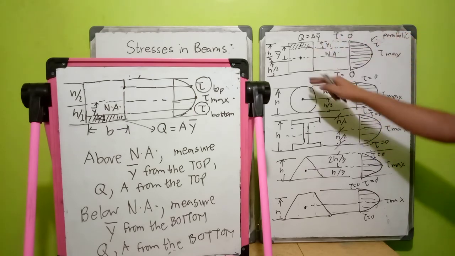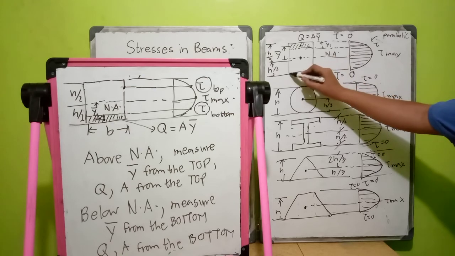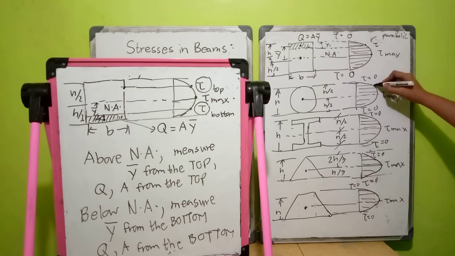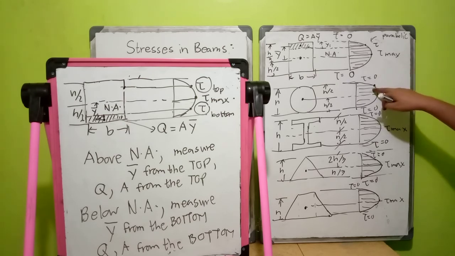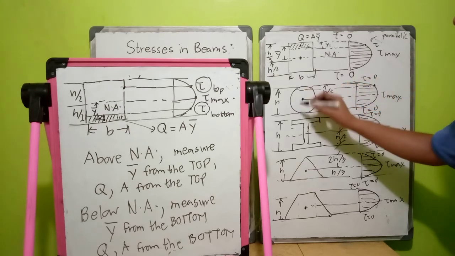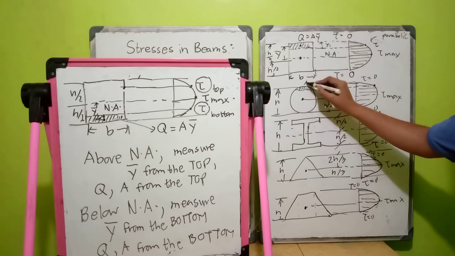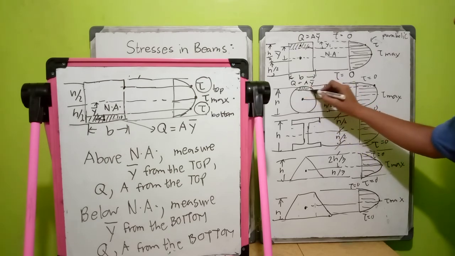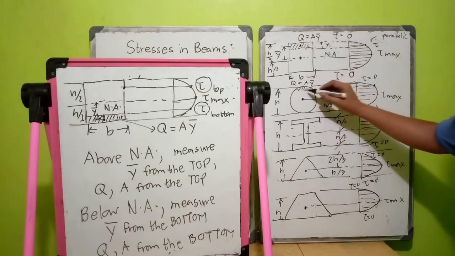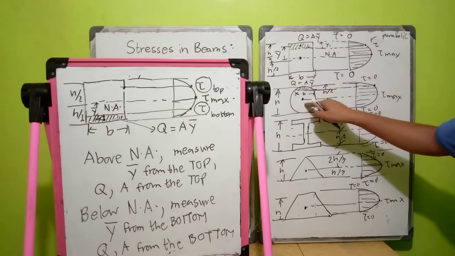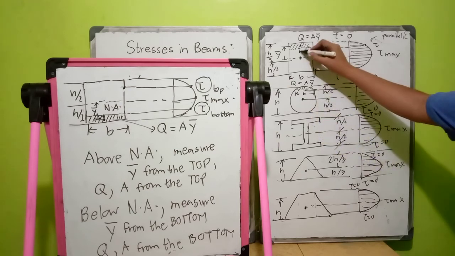We have no problem with a rectangular beam since its B is uniform throughout. But for a circle, let us say that we need to find your shear stress here. So what you are going to do is to compute the Q here. Therefore, your instantaneous B here will be this. This will be your B.